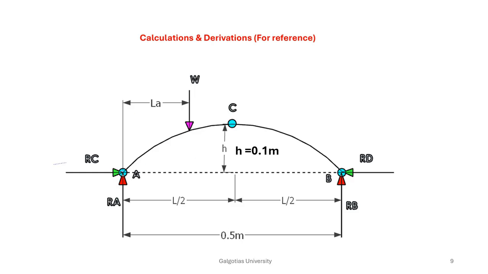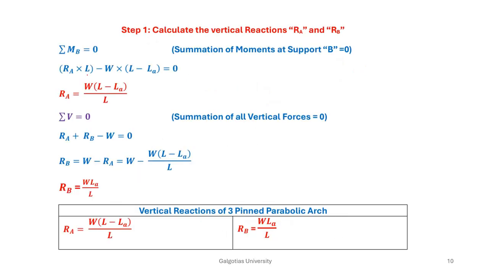You can see that you take the whole arch, and first you apply summation of moment at point B equal to 0. In that case, it will be RA multiplied by the distance L minus W into the distance (L minus LA) is equal to 0. That we will see in the next slide. So you can see that RA times L minus W into (L minus LA) is equal to 0.